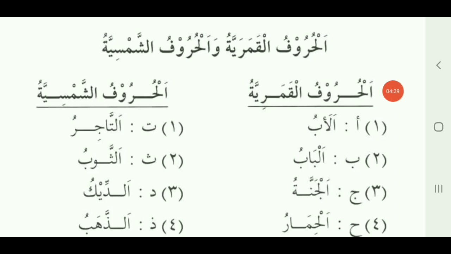We have 14 letters making the huruf al-qamariyya and also 14 letters making the huruf al-shamsiyya. When the 14 letters of the first category come after an alif and lam, the lam will be pronounced.